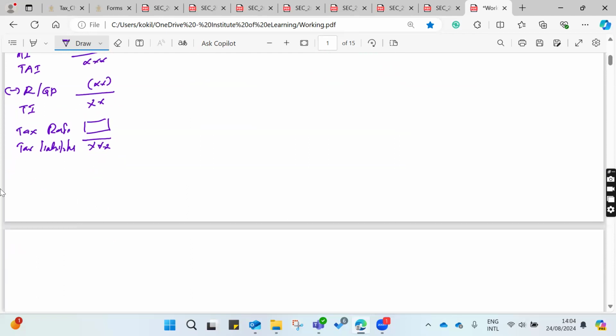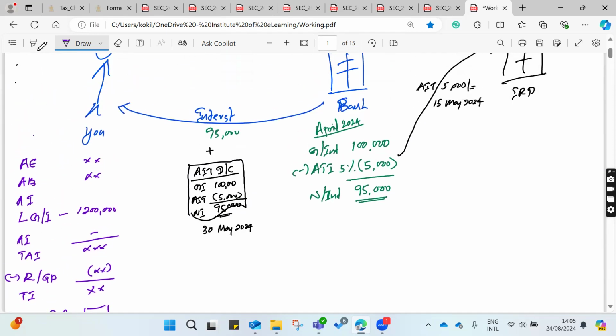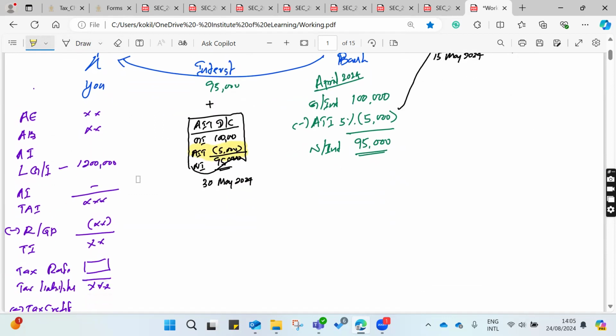Then what you can do is claim here, a very important thing, the tax credit. Under that, you can get this credit. Each month, from your investment income, the bank has deducted 5,000. 5,000 into 12 is 60,000.